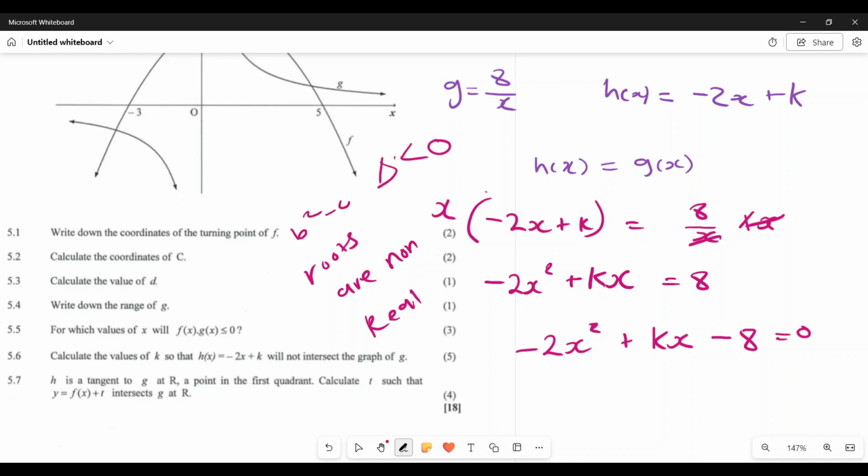B squared minus 4ac. Remember, your discriminant describes the nature of your roots. And if your discriminant is less than 0, this simply means that your roots would be non-real. And as a result, these two graphs would not intersect one another. So let us go about finding those values of k which would make the two graphs not intersect one another. So we need to take out our discriminant and make it less than 0. B squared minus 4ac should be less than 0.